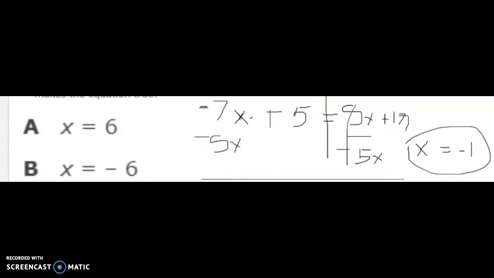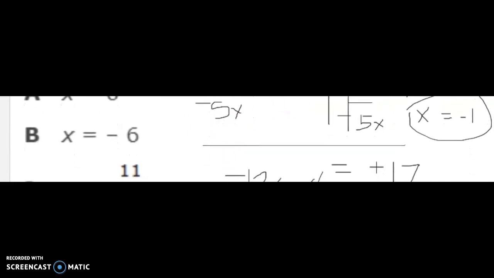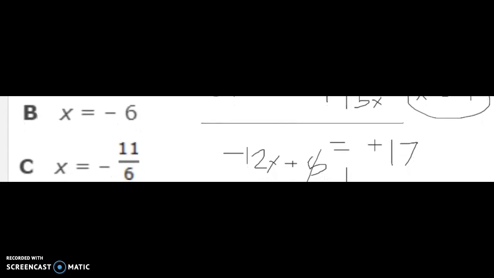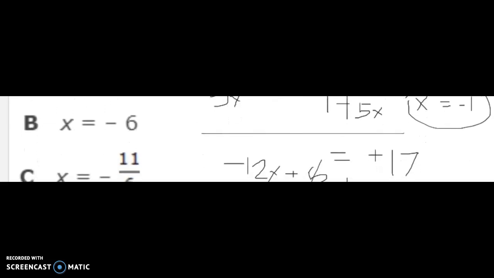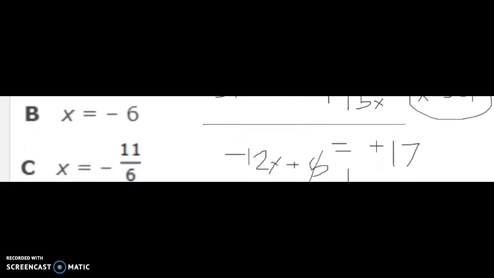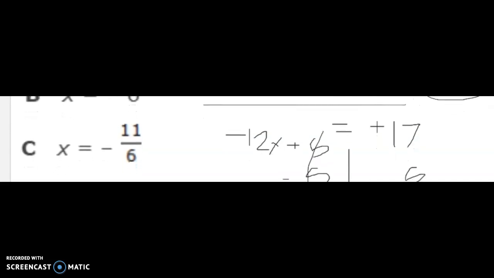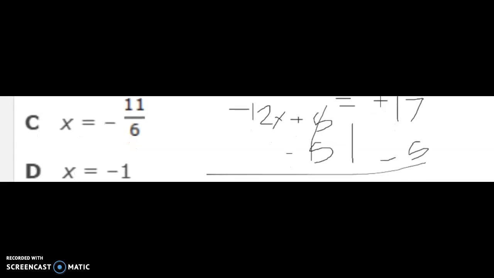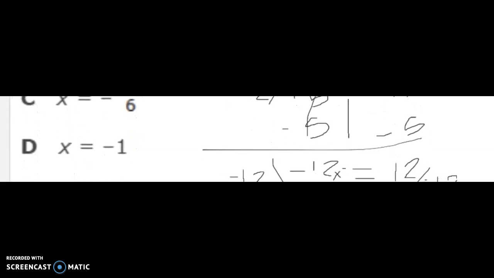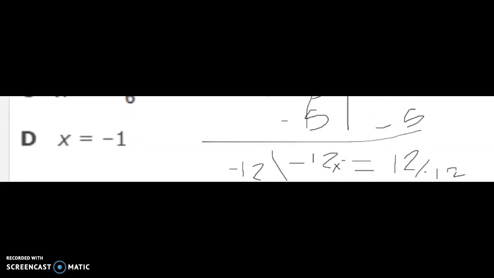So we get a negative 12x plus 5 is equal to 17 because the 5x minus 5x simplified to be a 0, right? Then she subtracted 5 from both sides, minus 5, minus 5. She is left with a negative 12x is equal to 12.